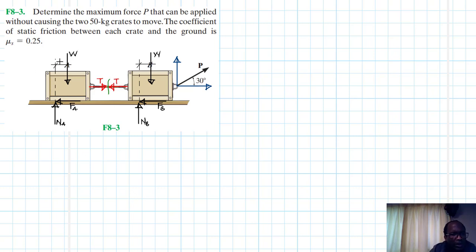This one as XA, this one as XB. This one here, let's call it P cos 30, and this one P sine 30. So we've labeled everything. This is our free body diagram.